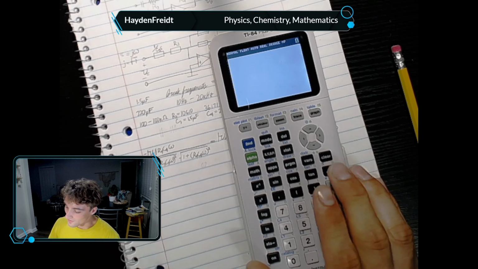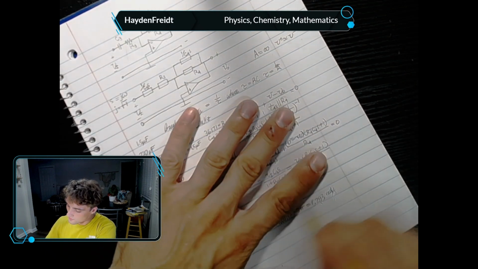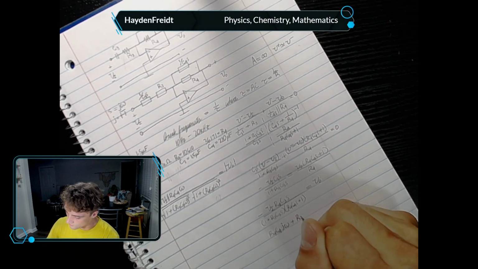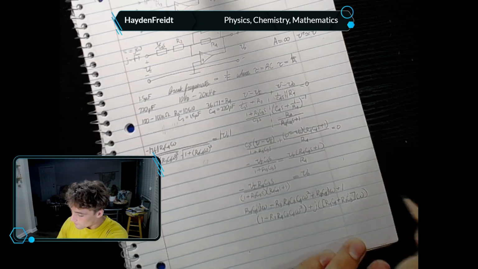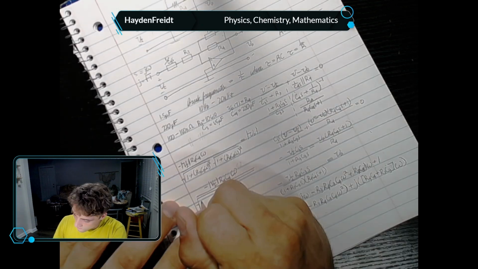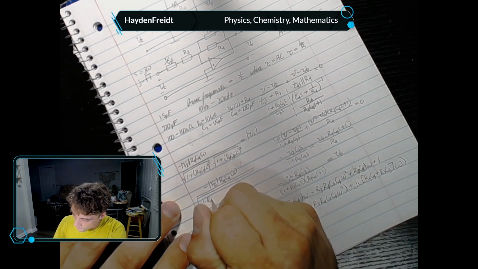All right, let me run the calculation back one more time. How about this? Let's do this a bit differently. R3 plus 1 times both of those, so I'm going to do that. Okay, 1 minus. So this is going to change. This changes quite a bit.